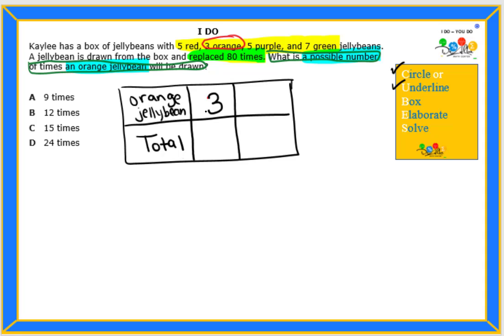So we have 5 plus 3 plus 5 plus 7. So that's going to be 10, and 5 is 15, and another 5 is 20. So this is going to be 20.